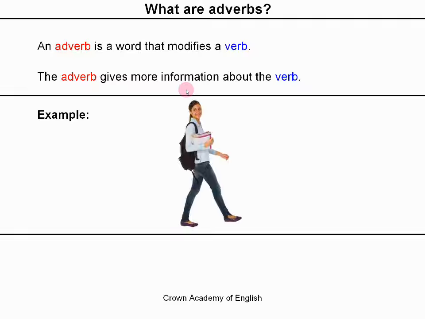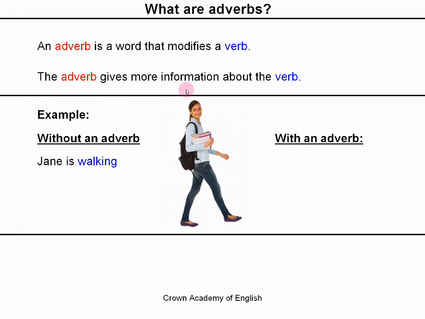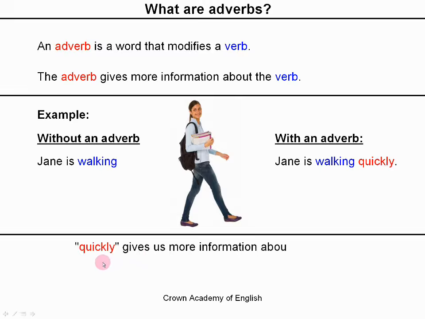Example. So without an adverb, a very simple sentence, Jane is walking. And with an adverb, Jane is walking quickly. So quickly is the adverb, and it gives us more information about the action.